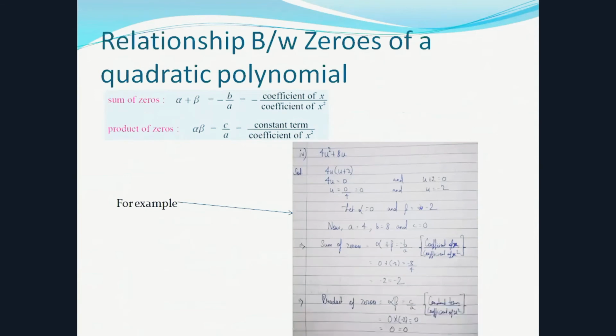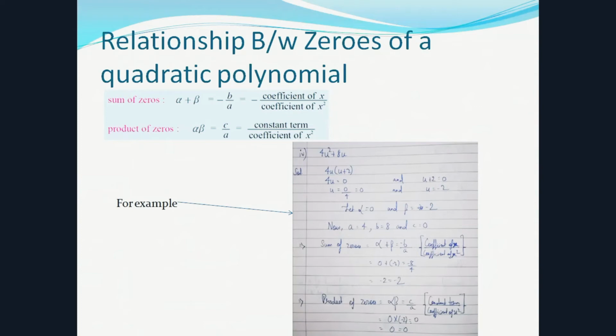So for the sum of zeros, we will add both of the zeros and we get 8 here. I'm talking about this example which I have put below.